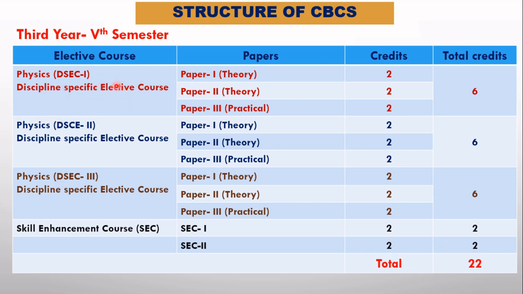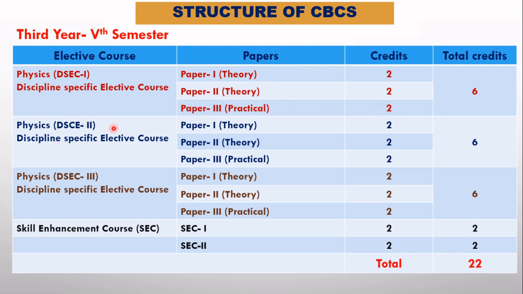Now it will not remain a core course, it becomes an elective course, which means it will become a specialization. Here you can see paper first is theory, paper second is also theory, and a practical is also present. So physics first is theory, physics second is theory, containing 2 plus 2 credits, and it also has a practical paper of 2 credits.